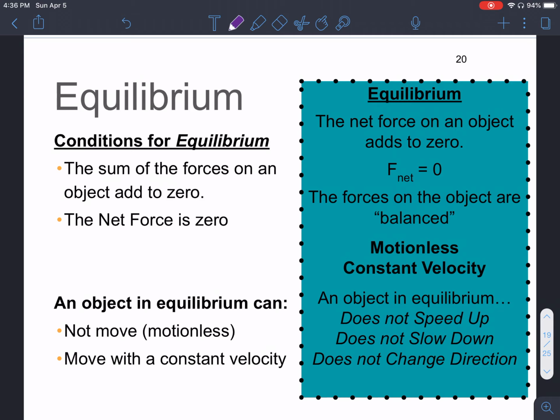It is just moving in that direction at a constant speed. Right, and that is actually a big thing that confuses students. Equilibrium means motionless, but it also means that it is moving at a constant velocity.